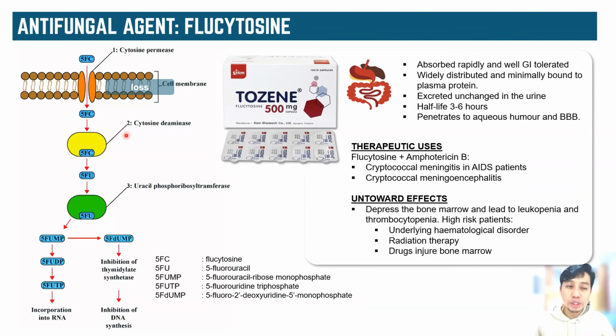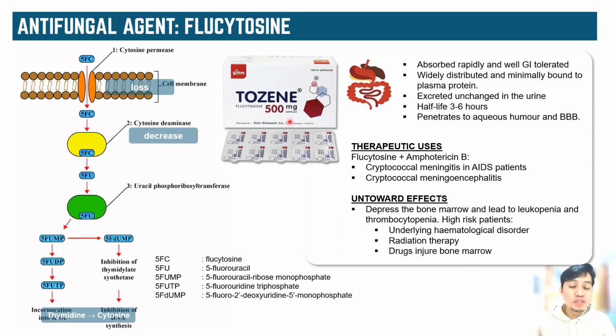The resistance can also occur due to decreased activity of the cytosine deaminase enzyme or decreased activity of uracil phosphoribosyl transferase. Another fungal resistance mechanism can occur when cytosine replaces thymidine in nucleotide gene sequences.